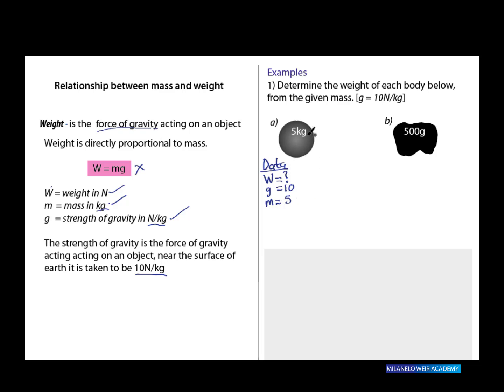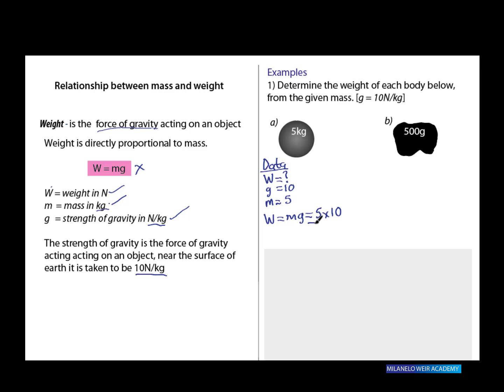So now, looking at this data, I have to be thinking with given variables here, quantities, can I determine weight from them? The answer is yes. W is equal to mg. So W is equal to mg, which is M 5 times G, which is 10.